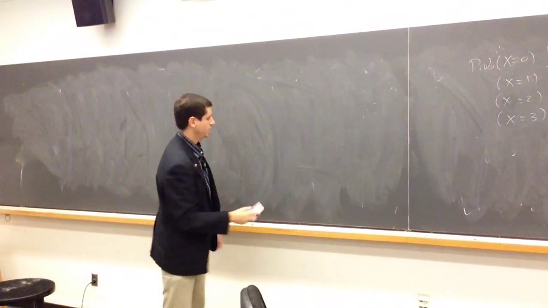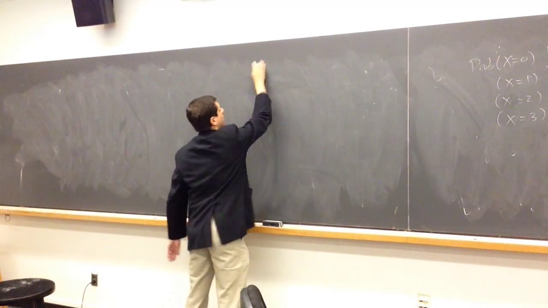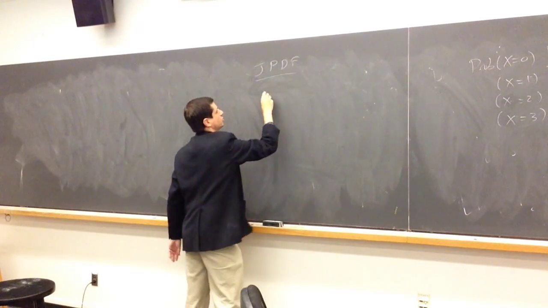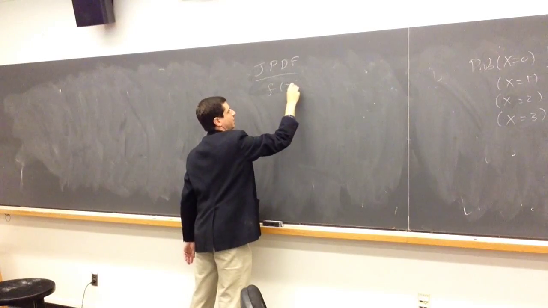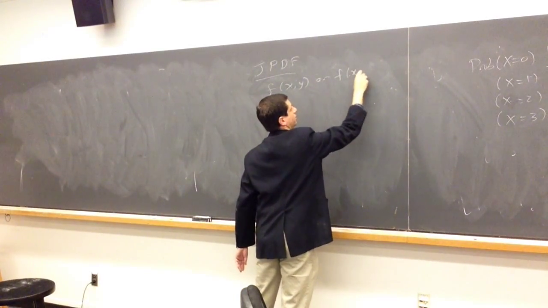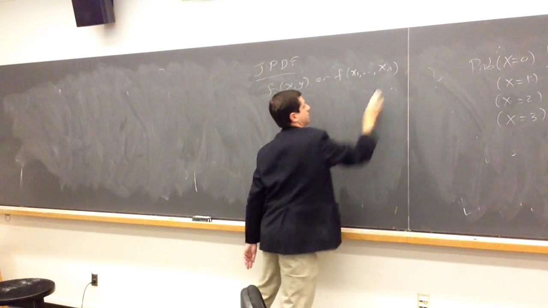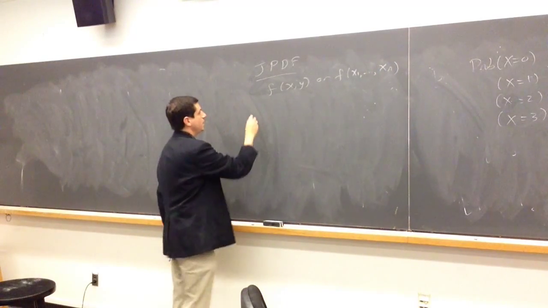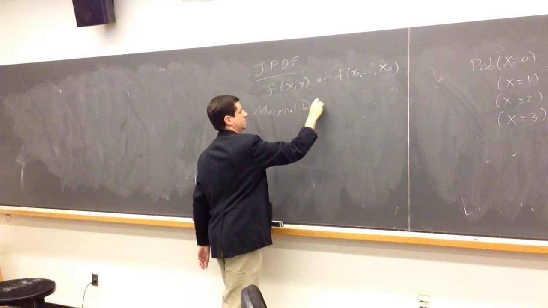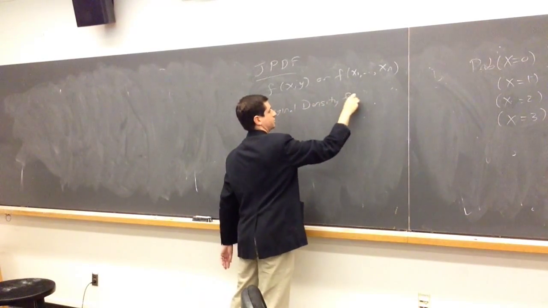The main idea in terms of what we want to do is to look at a joint probability density function. So we'll have maybe f of x, y or f of x1 through xn. And then we have the marginal density functions.